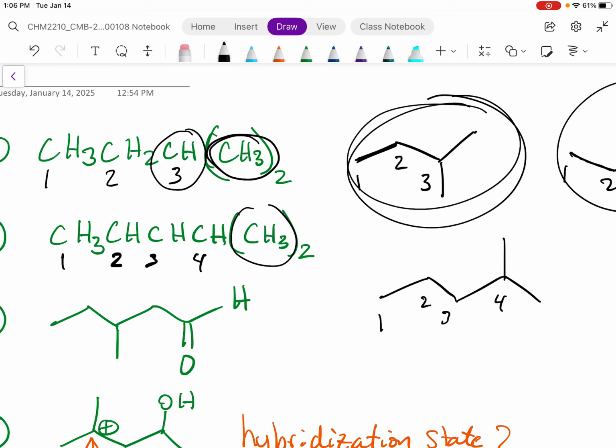Now, I have the carbon count correct, but this carbon 2 only has 1 hydrogen. The way I've drawn it, I have 2 of them on that carbon. Do I not? And then carbon 3, I have 2 hydrogens when it should only have 1. Carbon 4 says I only have 1 hydrogen, which I do. That matches perfectly for carbon 4.